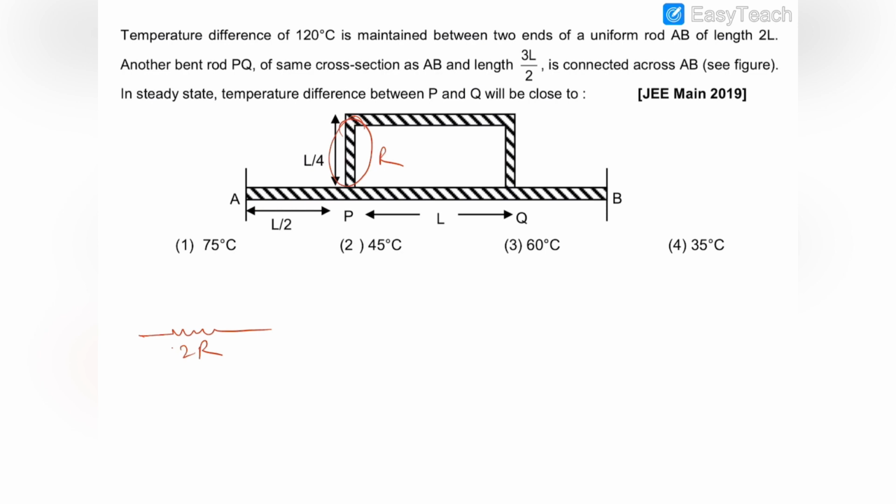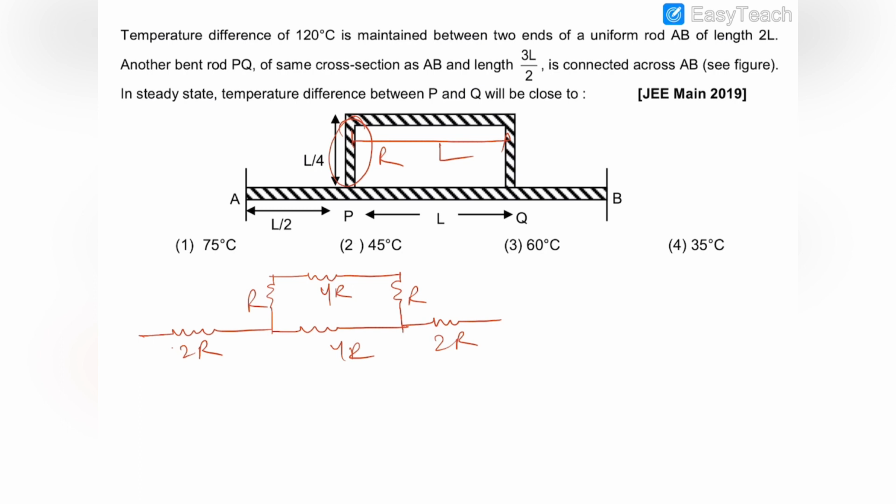So this is 2R, this one is R, this has a length of L, therefore it would be 4R, this is R and this is 4R, and this is again 2R.